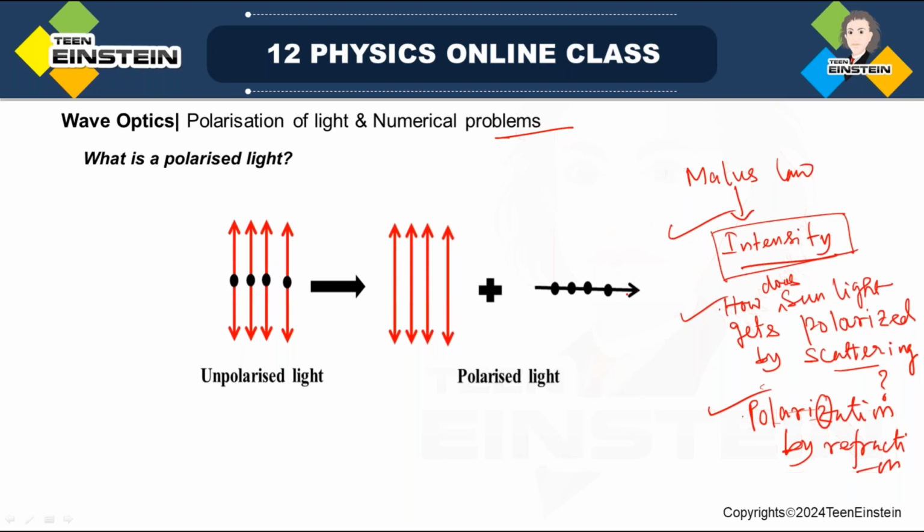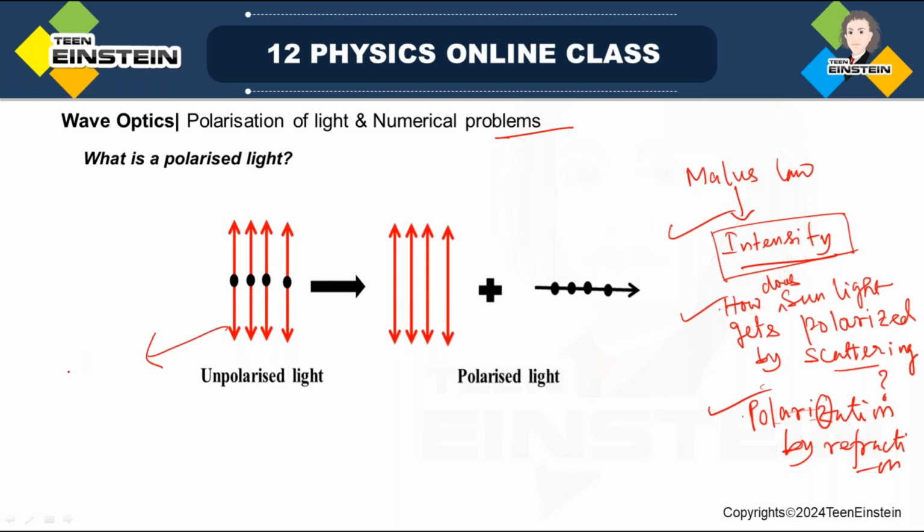All right. In this figure, I just want to recap a little bit. This is unpolarized light. Can you tell me what these double arrow lines are representing?